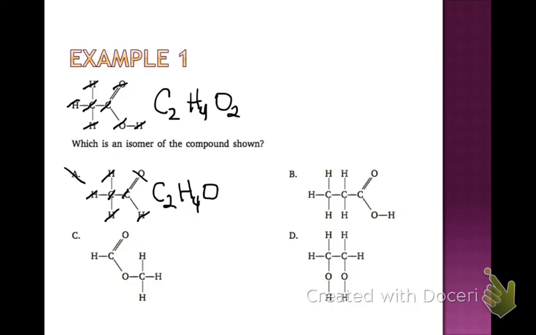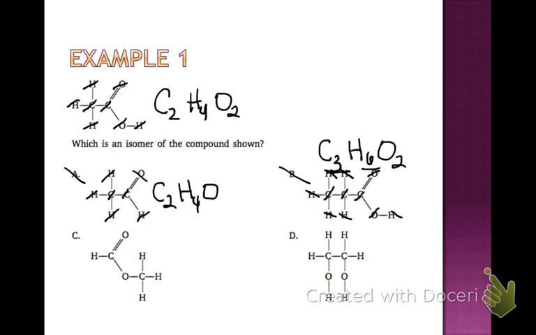Let's take a look at B. C, H, and O. We have 1, 2, 3 carbons. So automatically we know that the number of carbons are different, so the structure must be different, but I'll just go ahead and show you the rest of this. We have 1, 2, 3, 4, 5, 6 hydrogens, and 2 oxygens. Right? So B cannot be it because we have a different number of carbons and hydrogens.